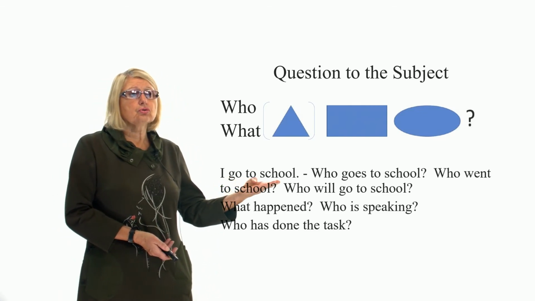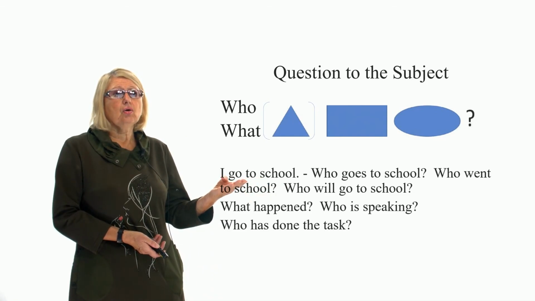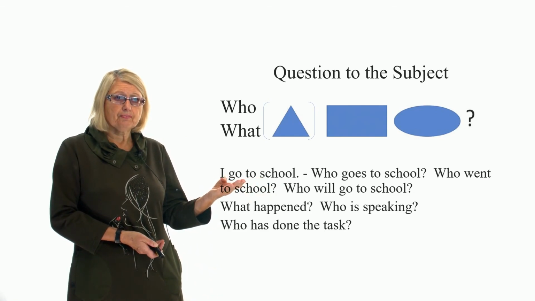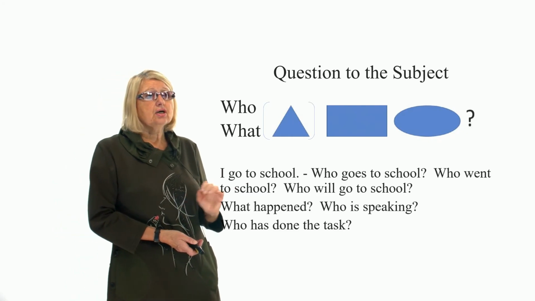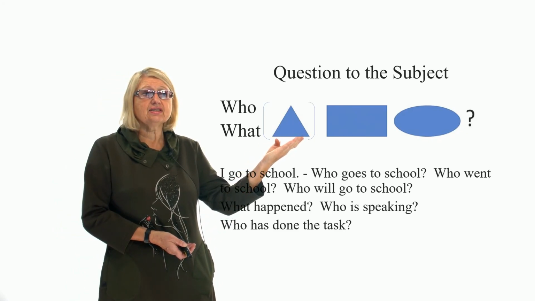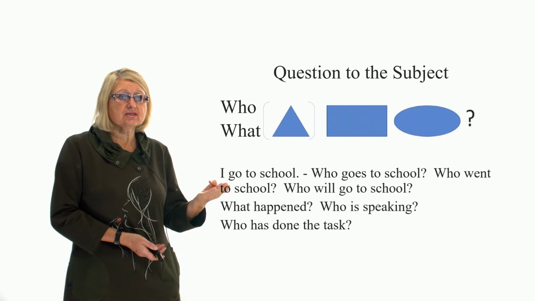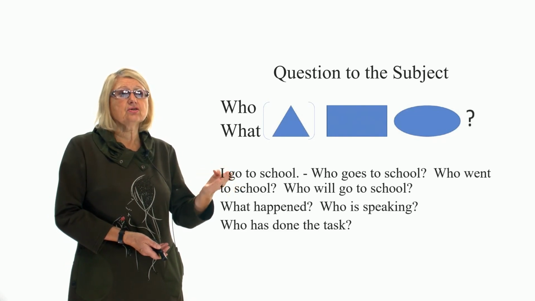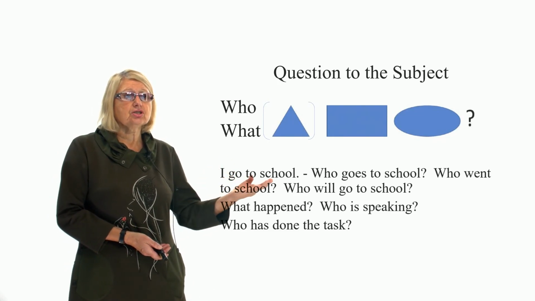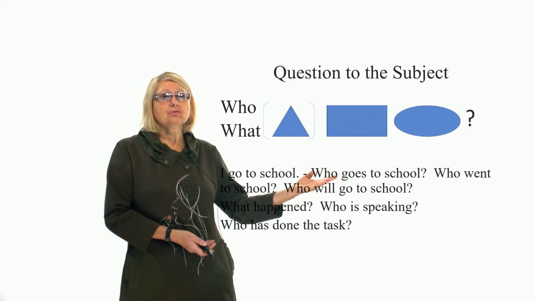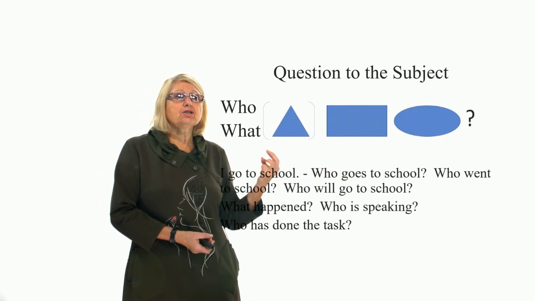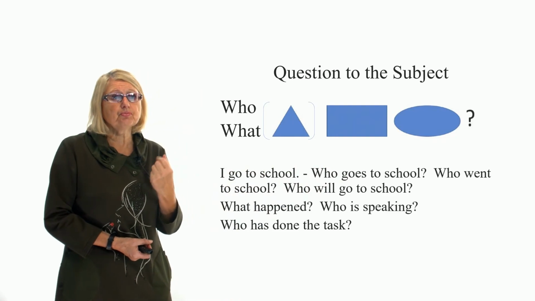I go to school. There is only one verb. And we don't have an auxiliary verb in the sentence. That is why instead of a subject, we put who. But who means the third person.